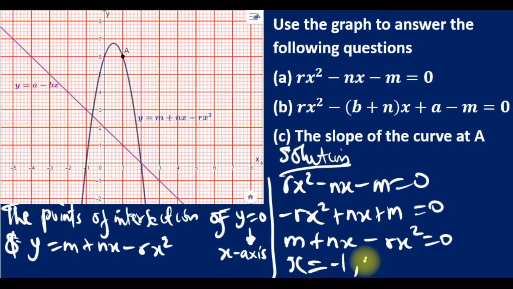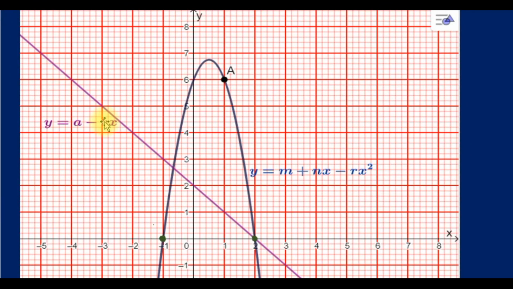So these are the two answers. For the second one, they told us to still use the graph to solve this. And looking at the equation, it has something to do with b and a, and b and a is the line, a minus bx. Let's try and transform what we are asked to solve to what we are given.